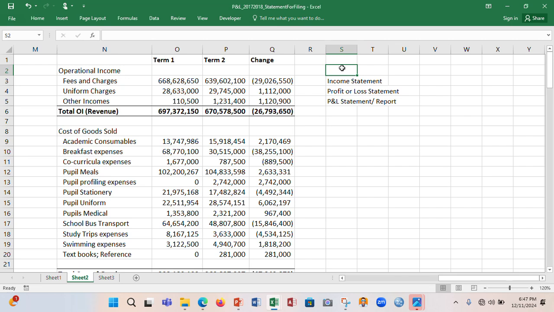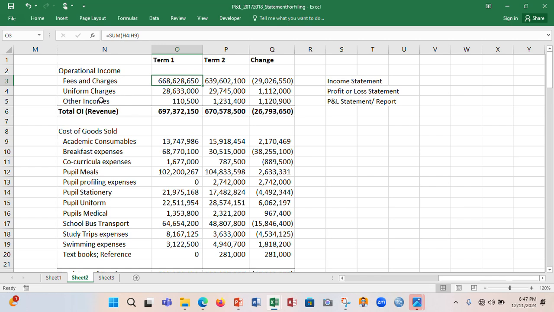So that one says as of 30th of June, that's how much fees and charges have come in.